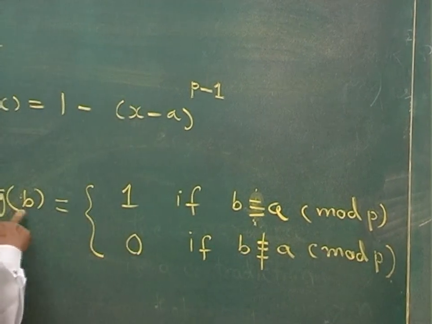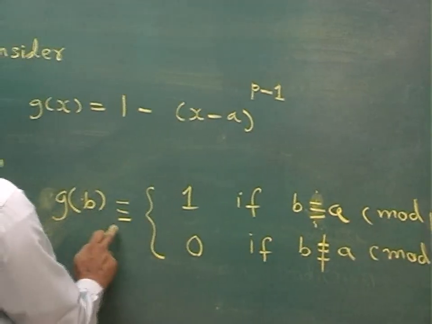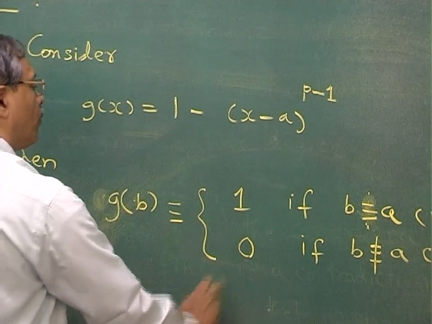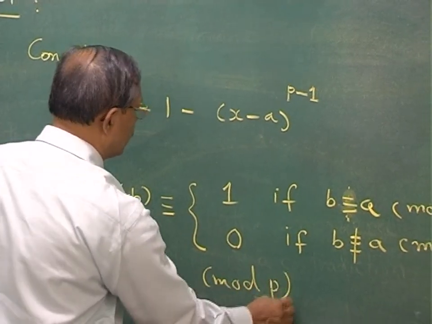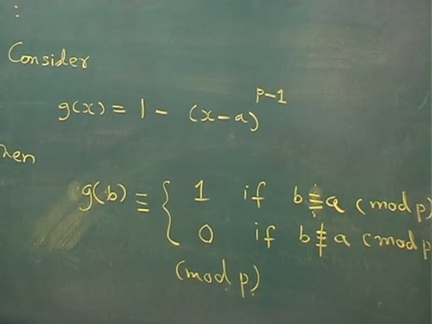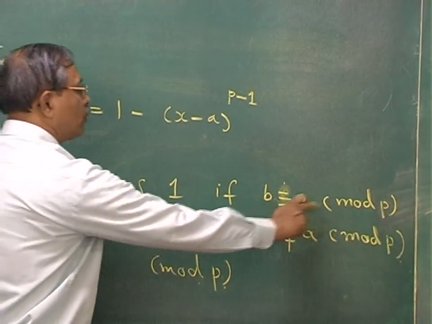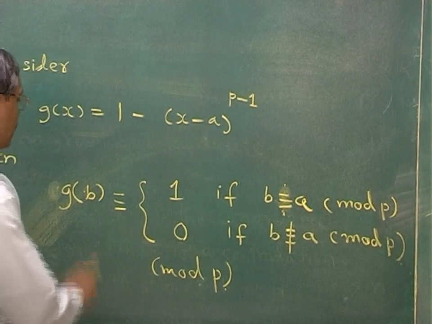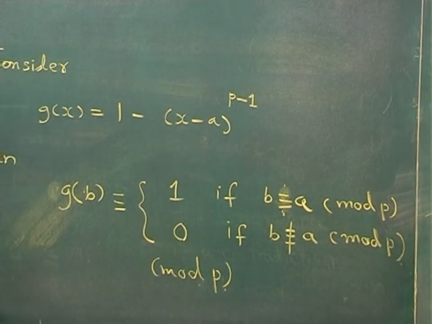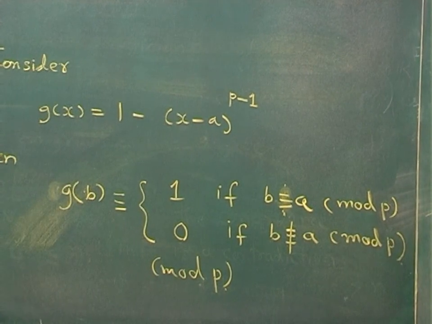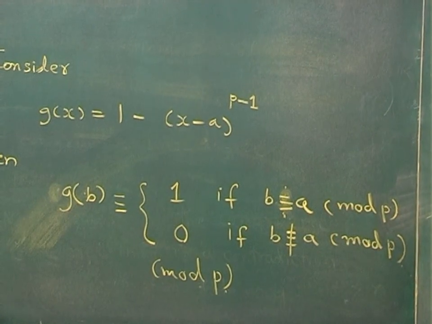And this g(b) is congruent to 1 or 0 modulo p. So g(b) is congruent to 1 mod p if b is congruent to a mod p. g(b) is congruent to 0 mod p if b is not congruent to a mod p. This is what happens for the function g(x).